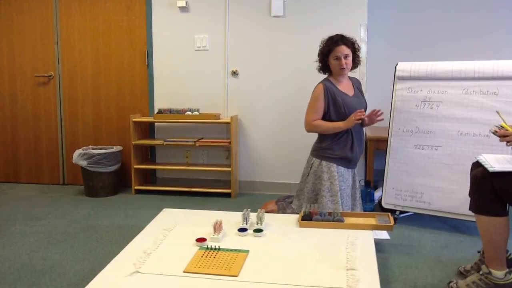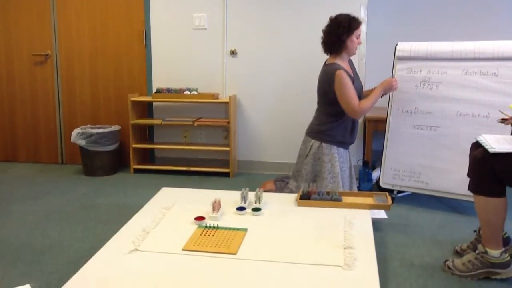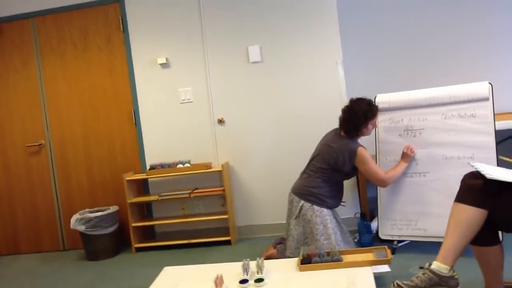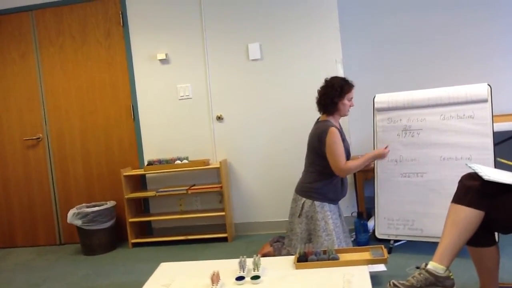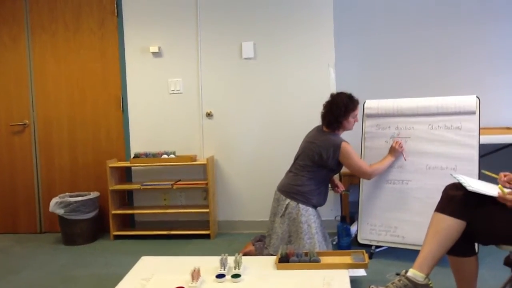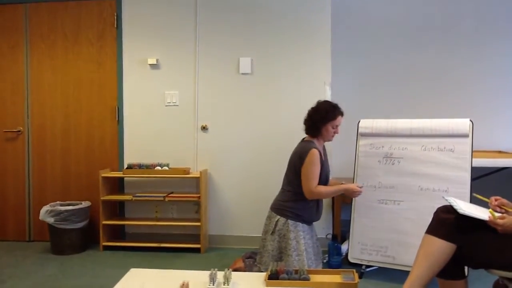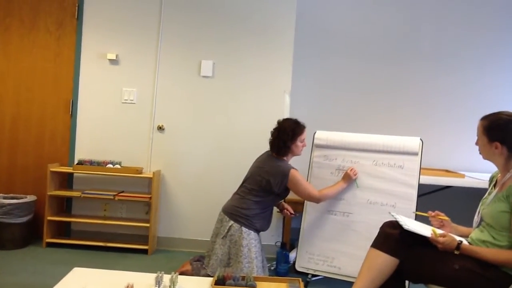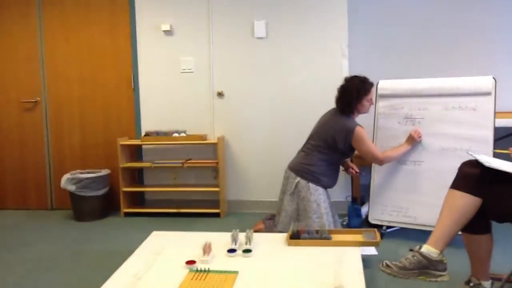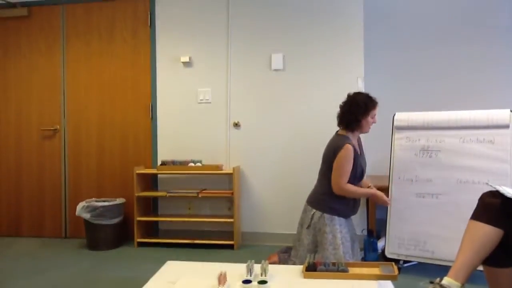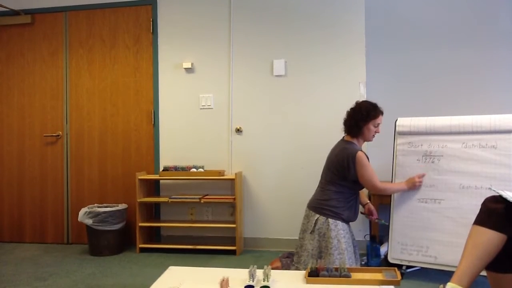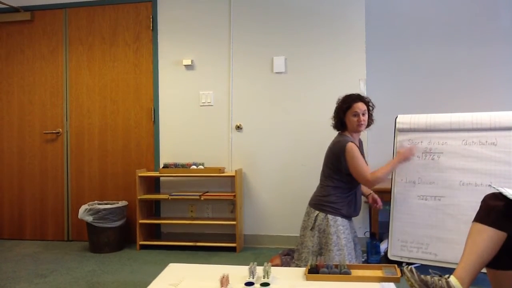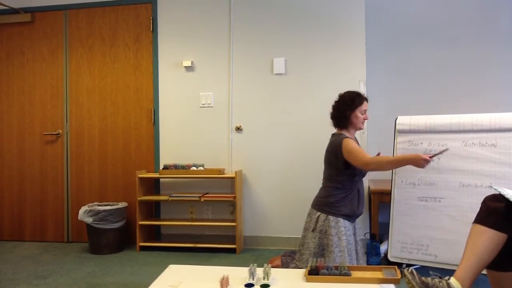As far as I would go with this is probably something like this. Color the column, color the column, color the column, color the column. That way, even if you make strips when you get down to long division, you can still see what you're dealing with. I think that's an option.